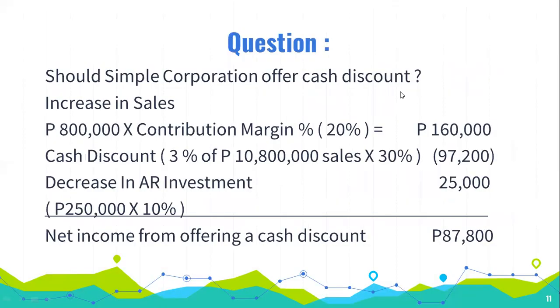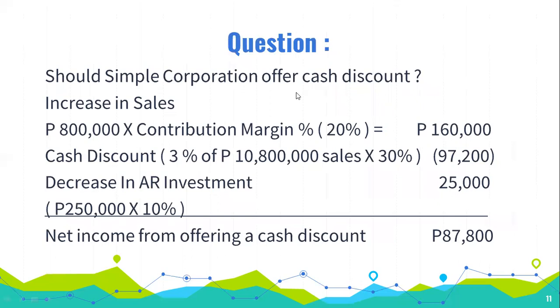The problem is, should Simple Corporation offer a cash discount? So how do we determine that? The answer is, we will use a cost-benefit analysis. It means that if the benefits are higher than the cost, then Simple Corporation should offer a cash discount.